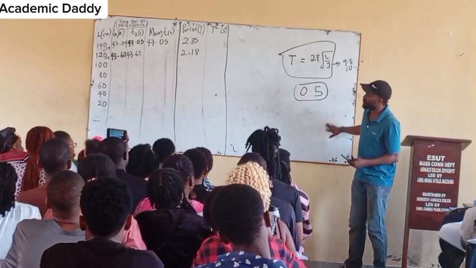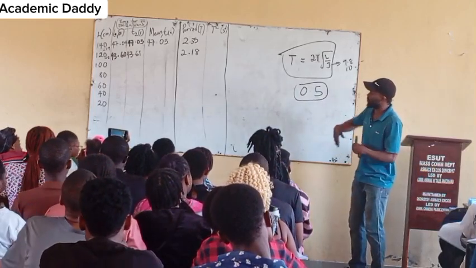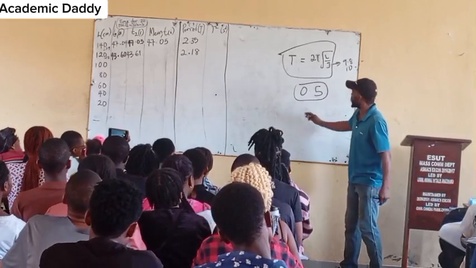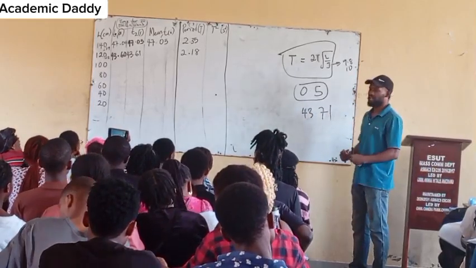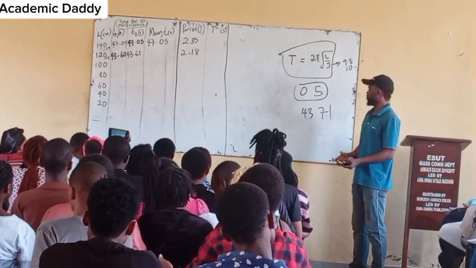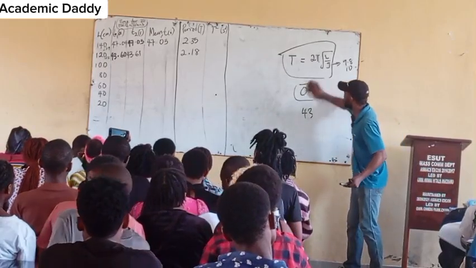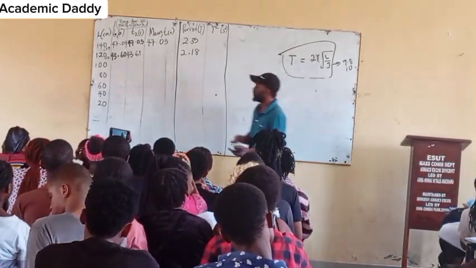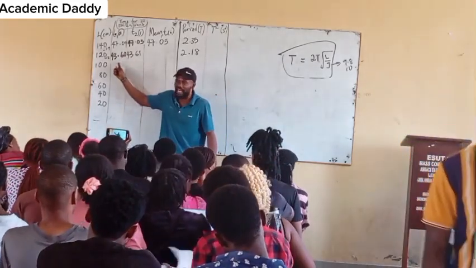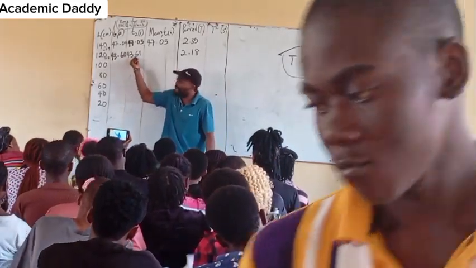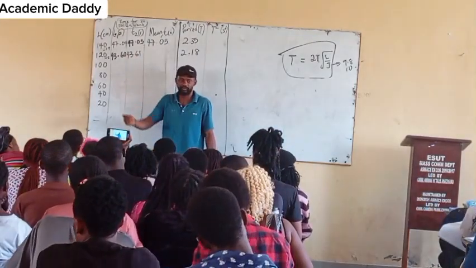But somebody will come and say 43.71. They forgot. Yes. So see, it's not that your value must be the same as mine, but you need to get that corrected. Whatever you are adding here is just slightly different.